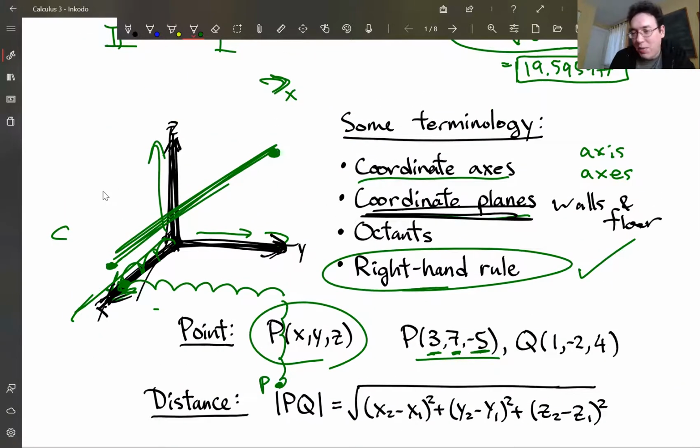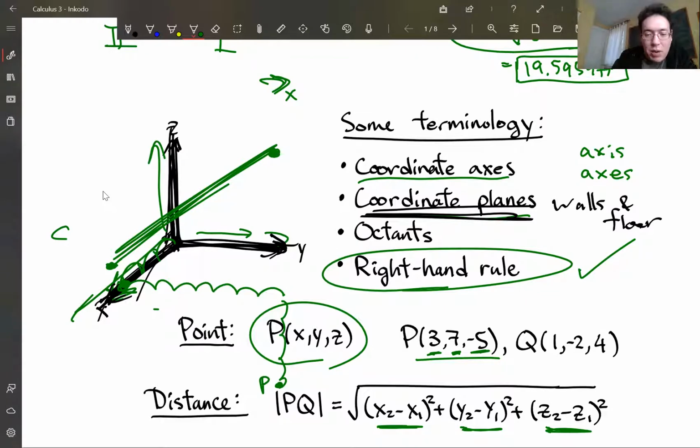And if you simplify it, basically we're looking at the difference in the coordinates for x, y, and z. The differences in the coordinates are the length, width, and height of the rectangular box. We're going to square each of them, add them up, and then take the square root. We were able to get that by using the Pythagorean theorem twice.